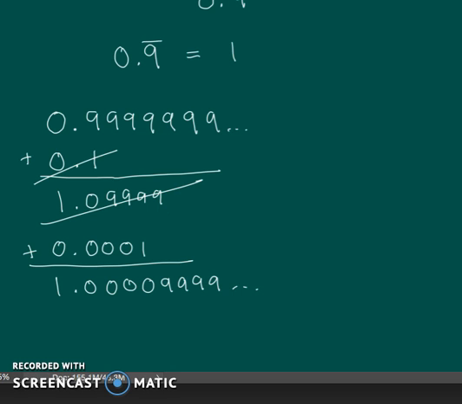So really the only choice that we are left with is that 0.9 repeating is just equal to 1. And this is how I like to explain it to myself, because I think that kind of clarifies it for me. But I do recommend that you take a look at the proof and explanation that is posted underneath the video.